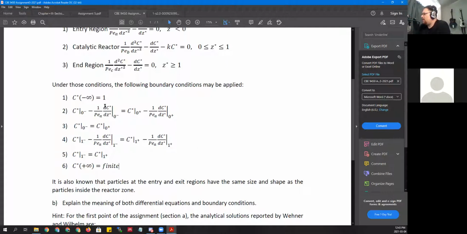What I'm trying to say, with not a lot of success, is that this condition represents the line in between two regions. So from 0 minus to 0 plus, and the same for this one, what you are having here is the interface between two phases. 0 minus, probably you already know this, but I'm trying to help those who don't. 0 minus means the approximation to the interface through the entry region, which if you have a line and this line is the interface, and you say this line is equal to h0 or z0, if you approach through this side, you will approach through the negative numbers, the negative values of z.